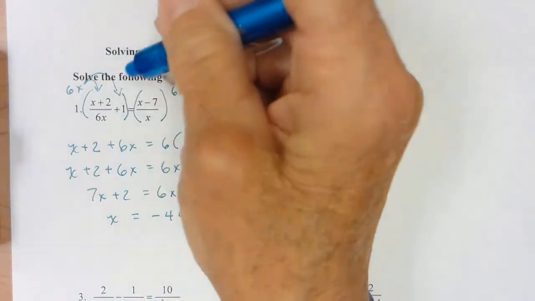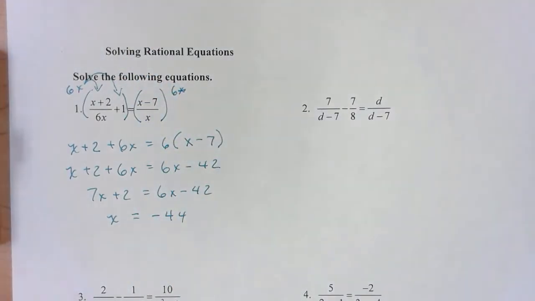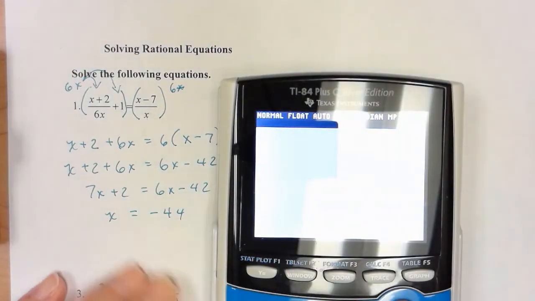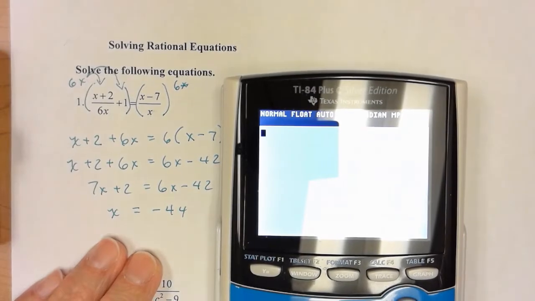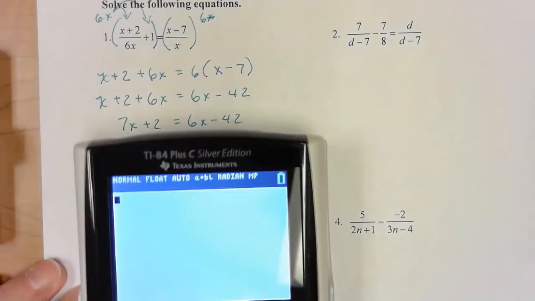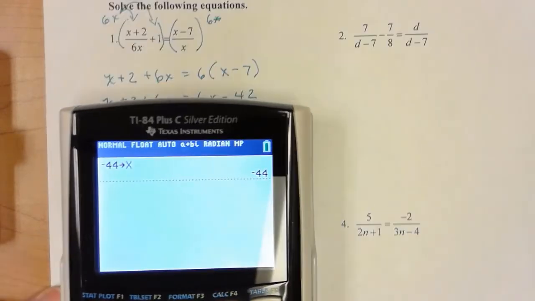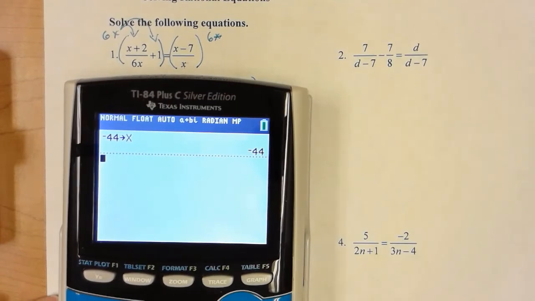You do need to check to make sure you do not have an extraneous solution, because it's a possibility. So let me store my negative 44. Wish I could get a better picture of that. And let me scoot this back up so I can see my original.